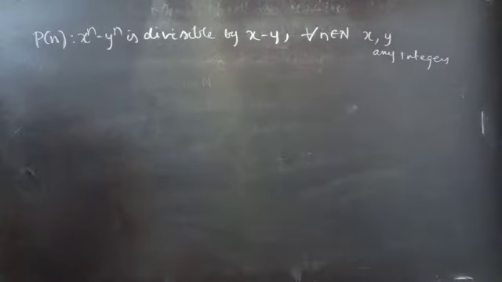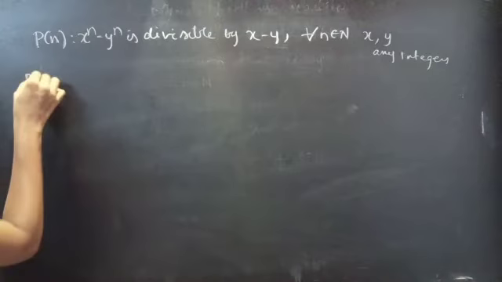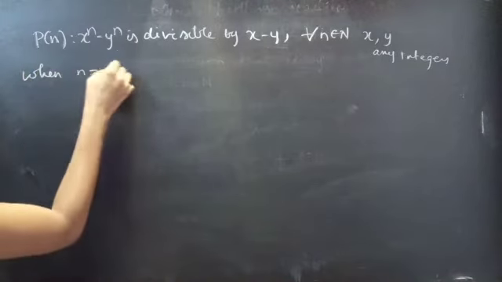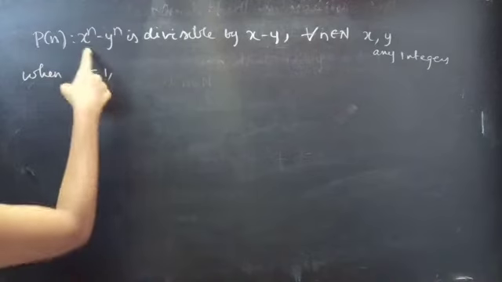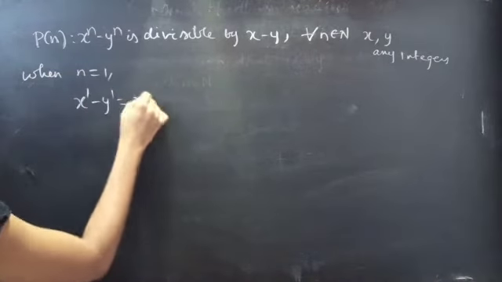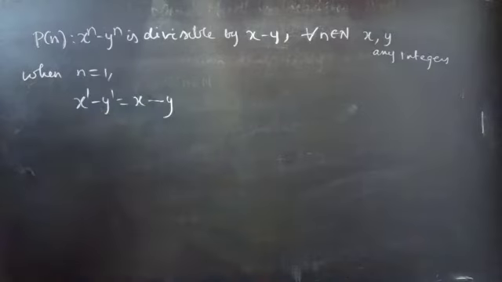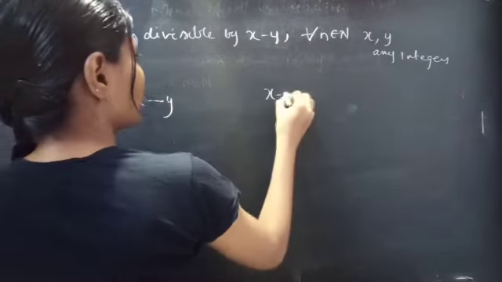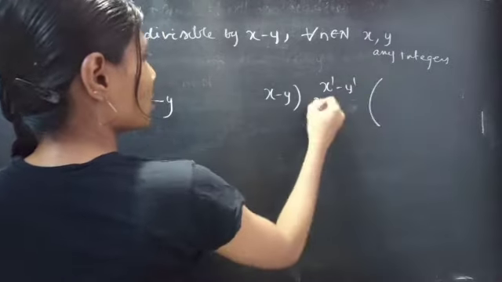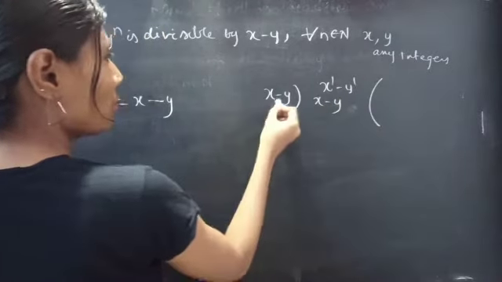Now let's see for n equals to 1. When n equals to 1, put n equals to 1 in x power n minus y power n, you'll get x power 1 minus y power 1 equals to x minus y, right? X power 1 minus y power 1 is x minus y, which is divisible by x minus y.